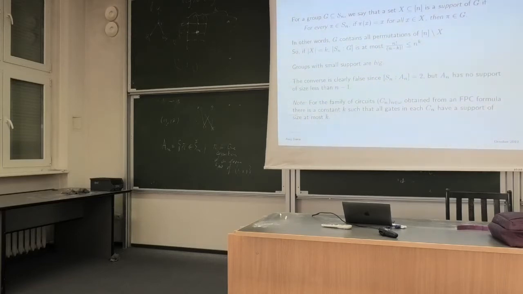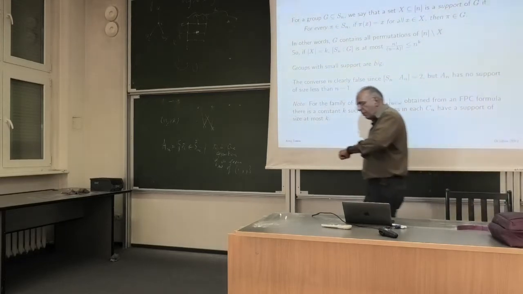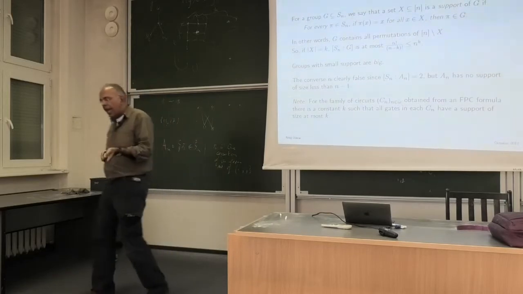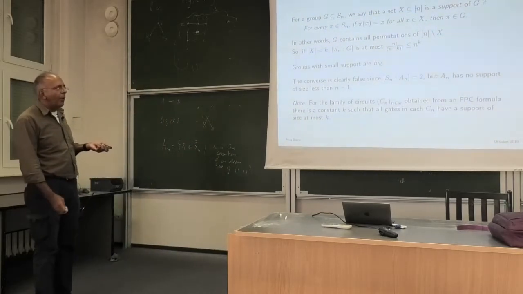And it's clear that any permutation of n which fixes this set, the set of numbers that appear in A bar, fixes this gate, right? So this set of elements, which is bounded by some constant k, forms a support, and so all n minus k factorial permutations don't move this gate. So the translation of FPC formulas into circuits gives us gates whose stabilizers have small support.